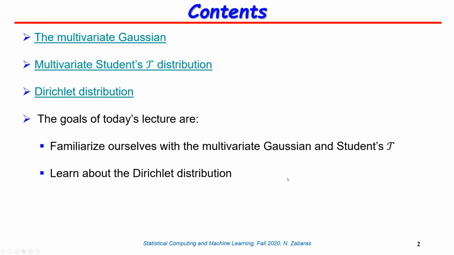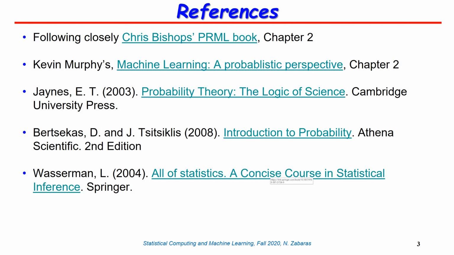We need to learn about the Dirichlet distribution and some of the algebra involved with it that we will take advantage of in subsequent lectures. The references are the same as in the earlier introductory lecture, so I'm not going to bother with that.